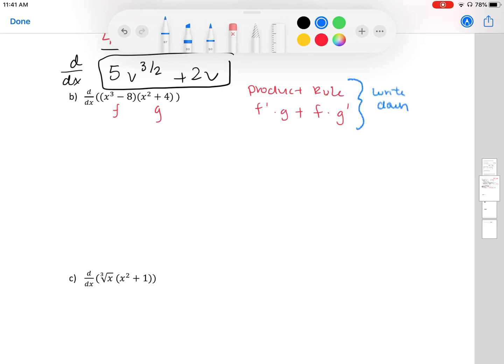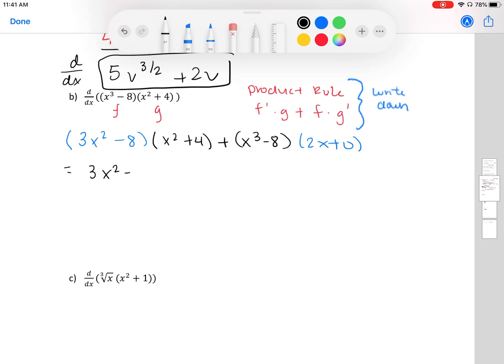Okay, so let's take the derivative of the first. Our first derivative would be 3x squared minus 8, and then we multiply it by g, which is x squared plus 4. Then we take f. F is x cubed minus 8, and our derivative of g is 2x plus 0. So if we clean it up, we're left with 3x squared minus, ooh, I made a mistake, didn't I?